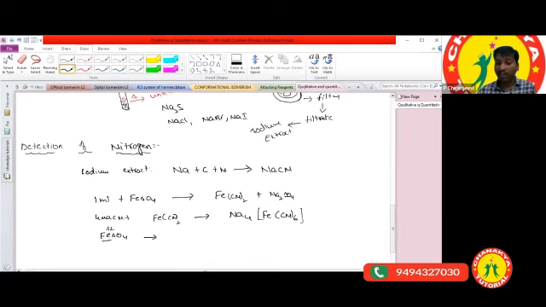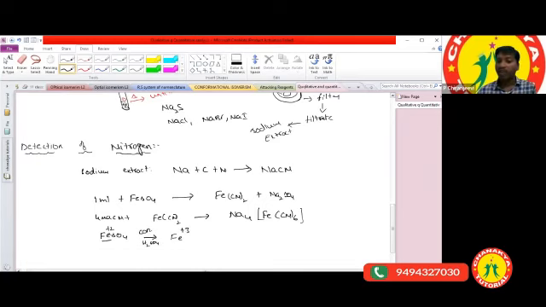What is the oxidation state of the iron in ferric? It is converted into +3. So +2 ions are converted into +3 by the addition of concentrated sulfuric acid.